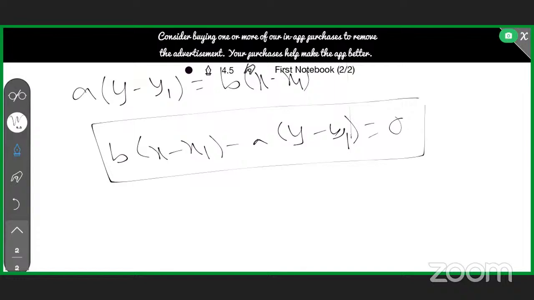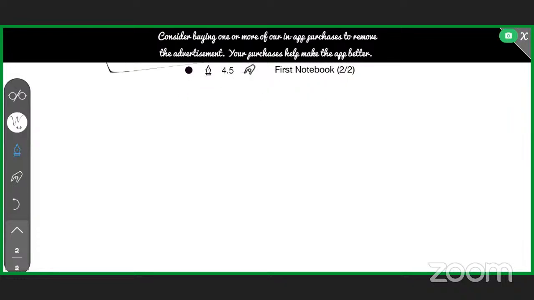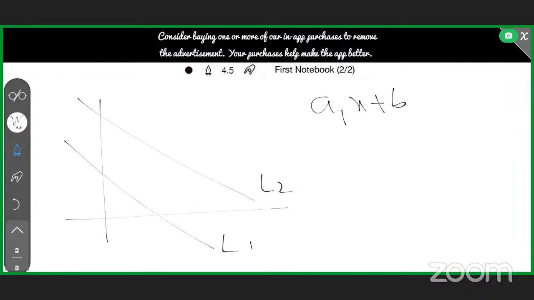Let us say now two lines are given, line L1 and line L2. Line L1 equation is a1x plus b1y plus c1 is equal to 0, and the other line is a2x plus b2y plus c2 is equal to 0.